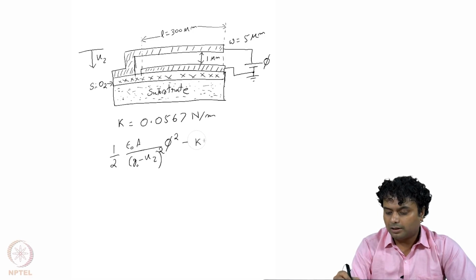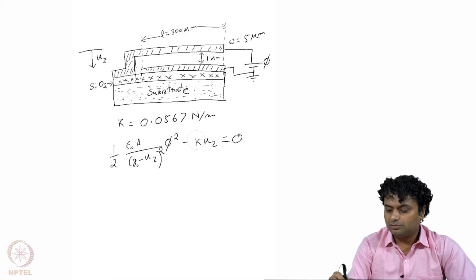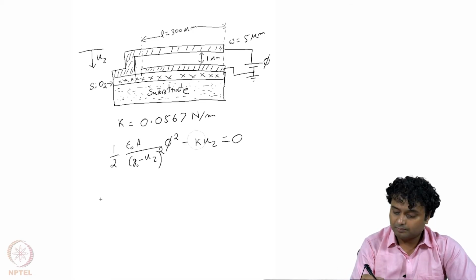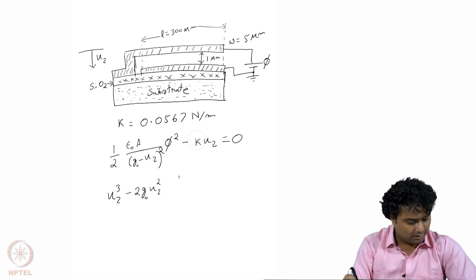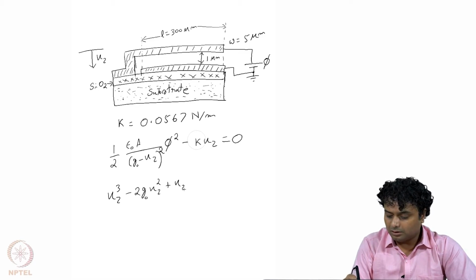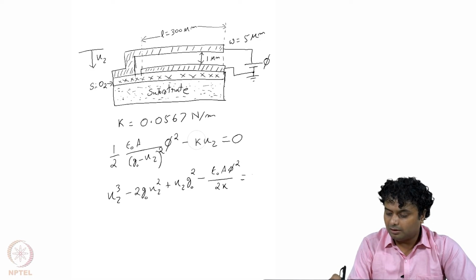Minus K into uz is equal to 0, and then we can simplify it to this expression: uz cube minus 2 G0 uz square plus uz G0 square minus epsilon naught A phi square divided by 2K equals 0.